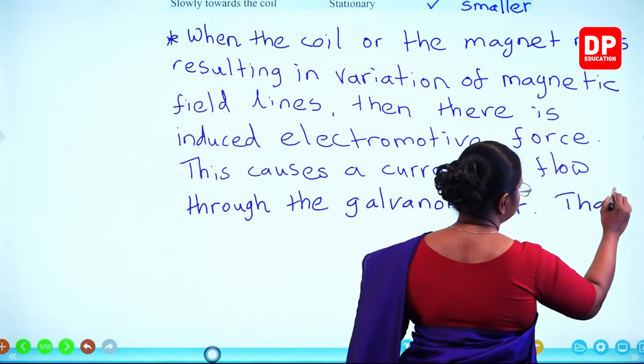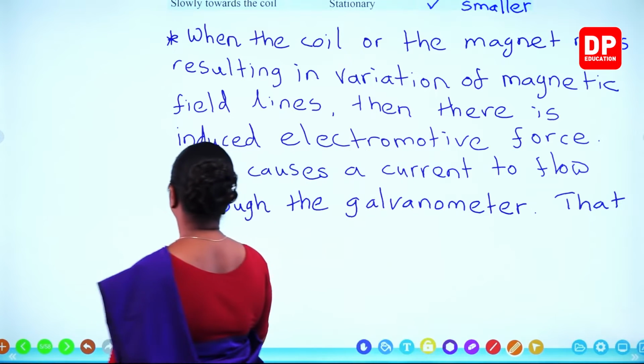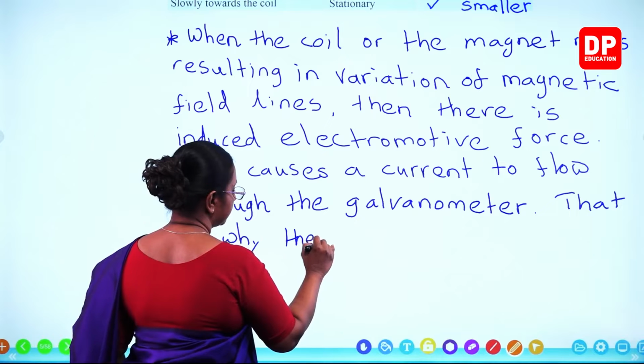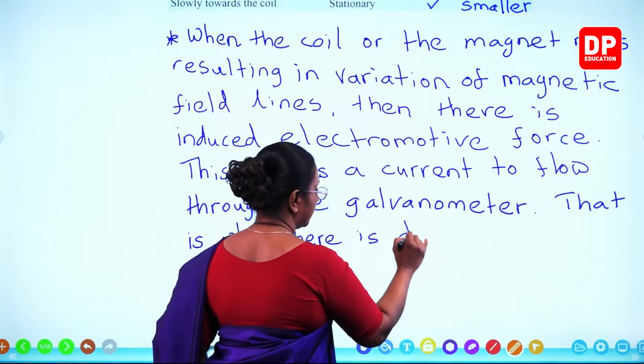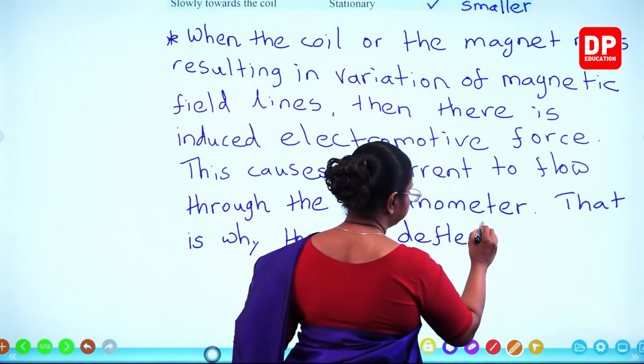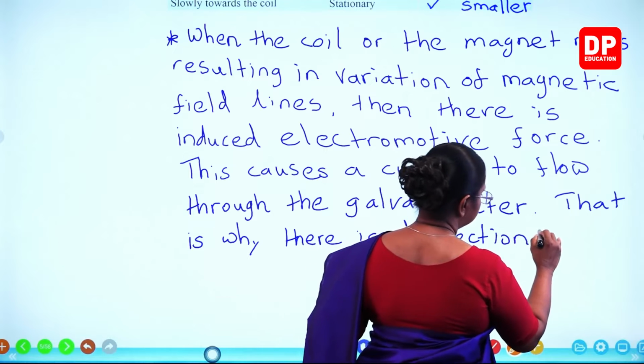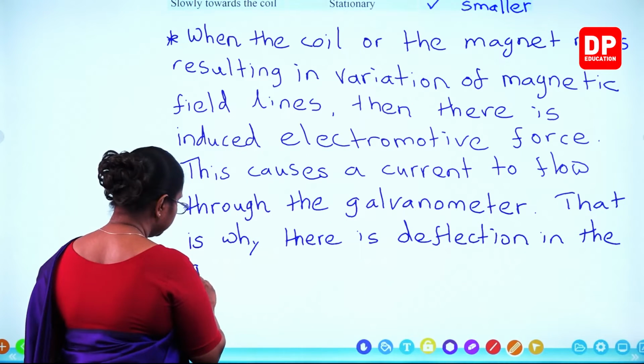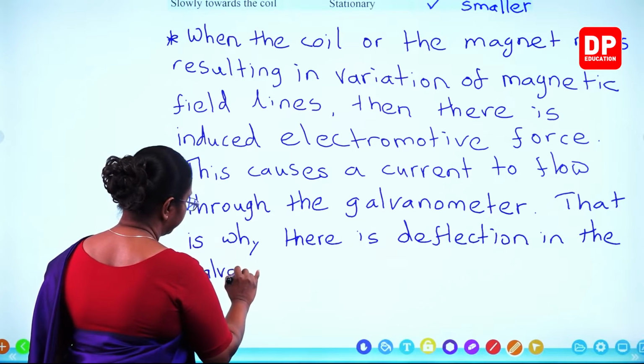That is why there is deflection in the galvanometer.